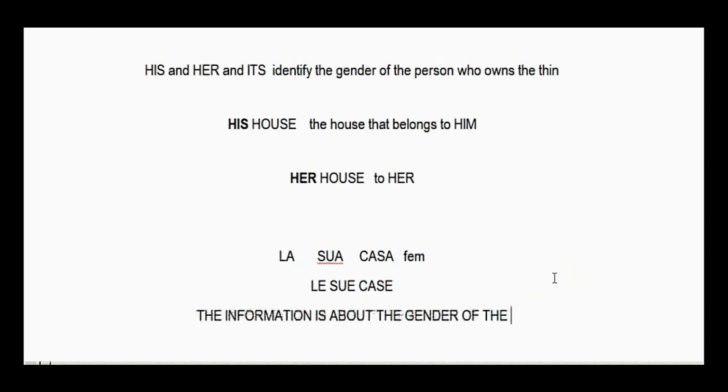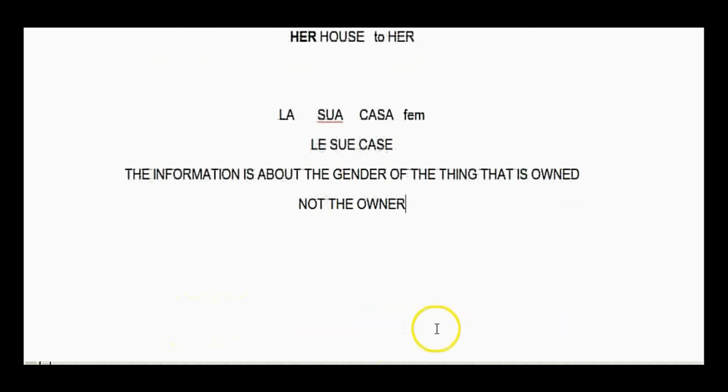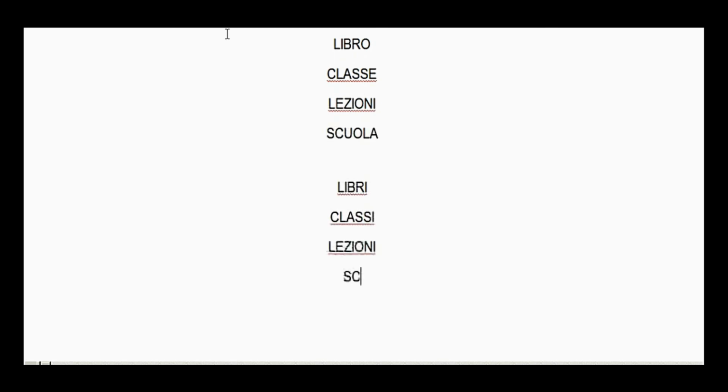We have to make the adjective agree with the gender and the number of the thing itself. Casa is singular feminine, sua. Case, plural feminine, sue.